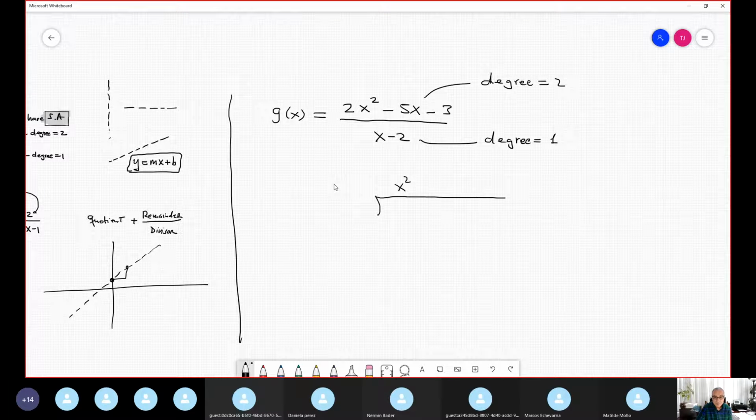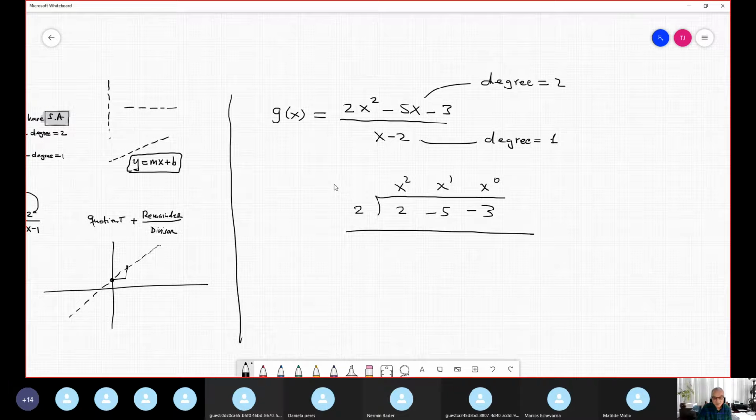x to the second, x to the 1, x to the 0. This is minus 3, this is minus 5, and this is 1. And you divide by 2, the opposite sign to the binomial. Bring down 1. 1 times 2 is 2. Negative 5 plus 2 is negative 3. Negative 3 times 2 is negative 6.